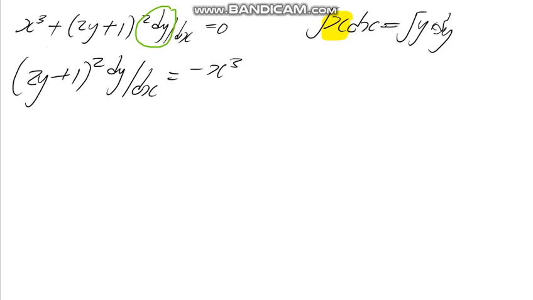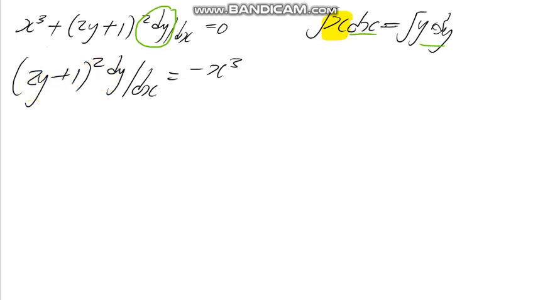We are trying to make dy a numerator and dx a numerator like this. You can already see that the functions of y and dy are multiplied there. So the only way to make x a numerator is to take x cubed to the right hand side.